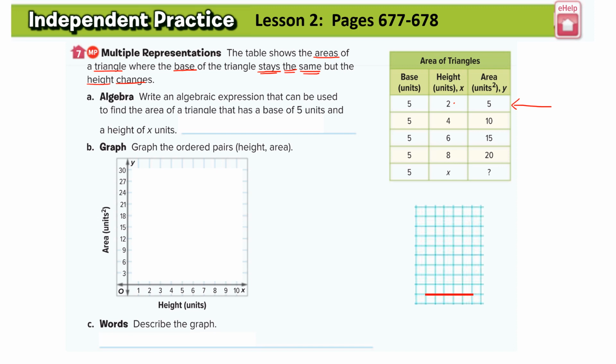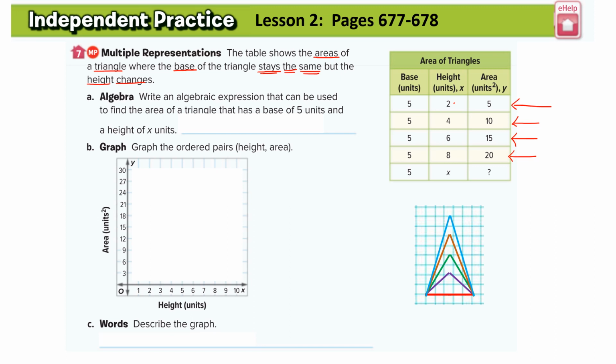For my next triangle, I also have a base of 5, but this time the height is 4, and the area is 10. My next triangle has a base of 5, a height of 6, and an area of 15. And then my next triangle has a base of 5, a height of 8, and an area of 20.